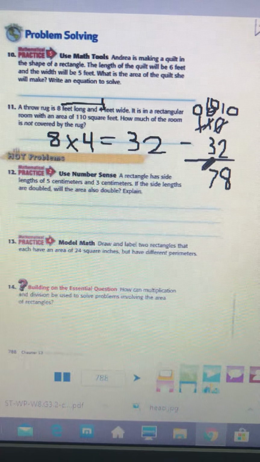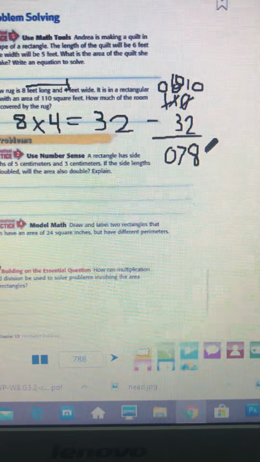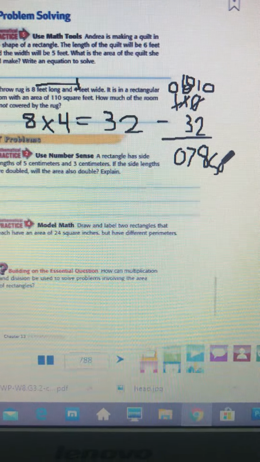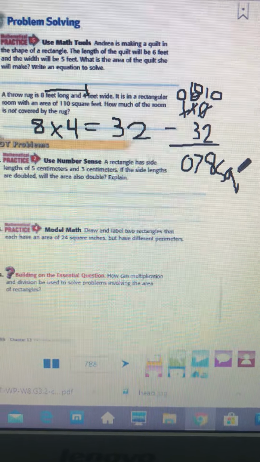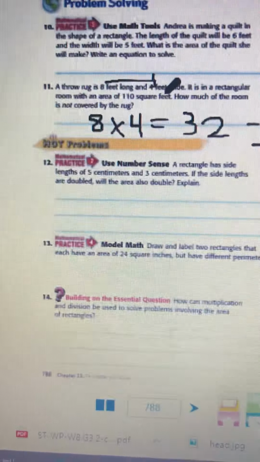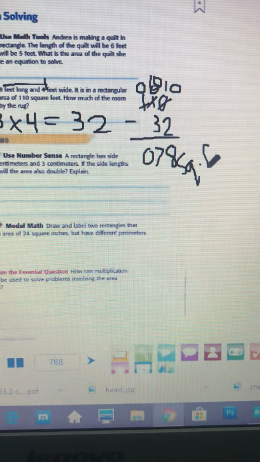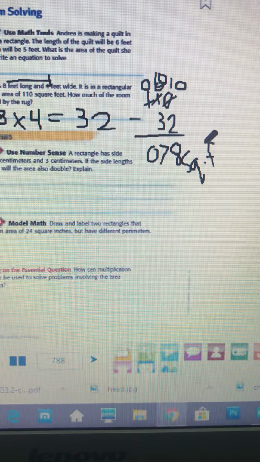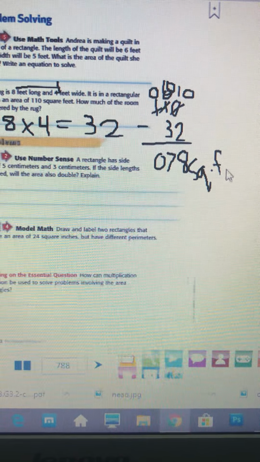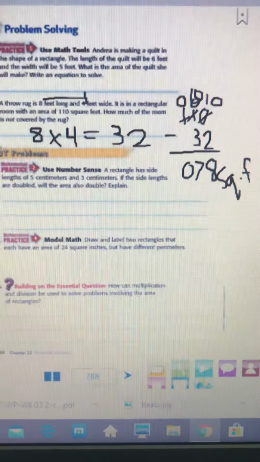Then 0. So the answer will be 78 square. You can write square like this, SQ. Then they use feet, so you write FT. Write it there. Okay?